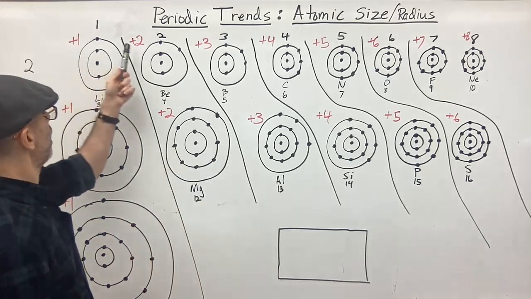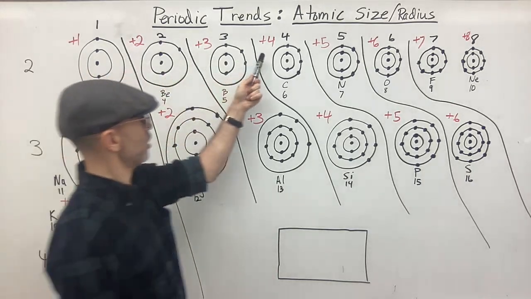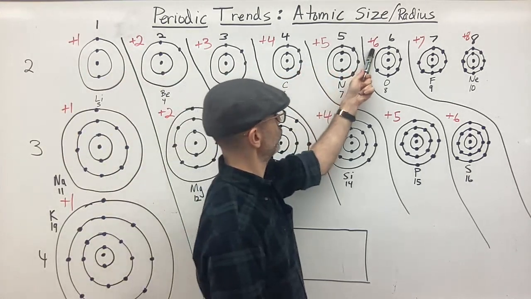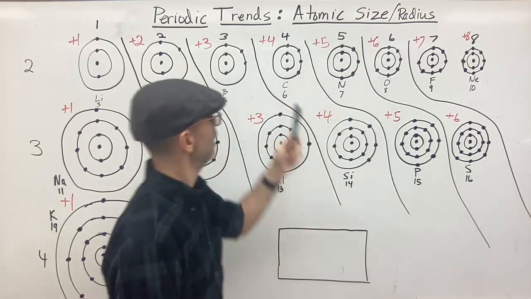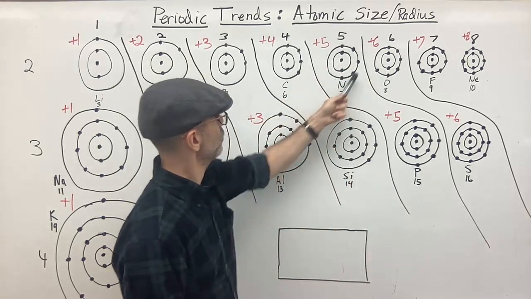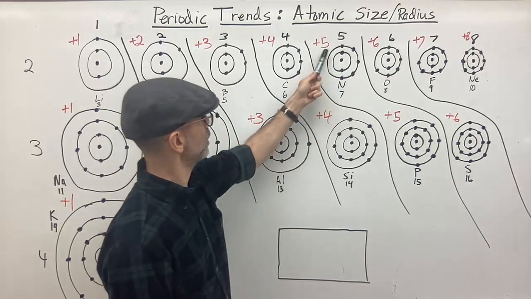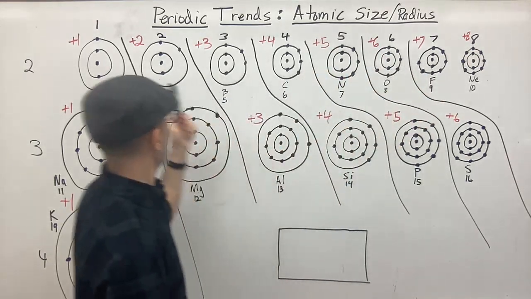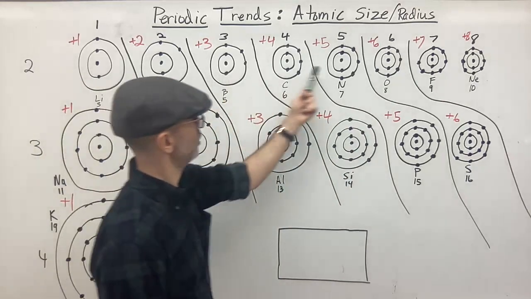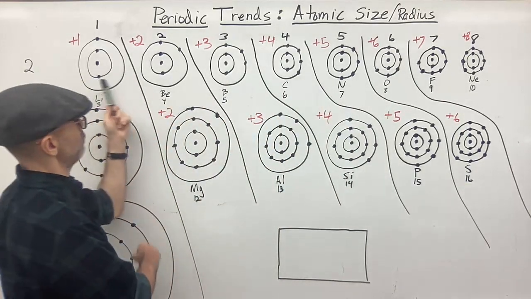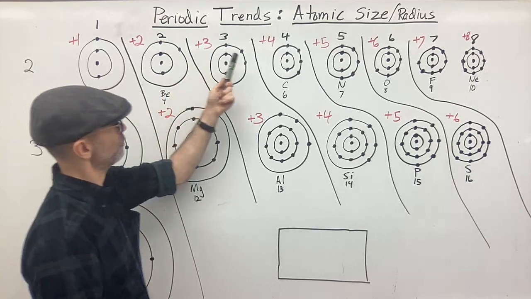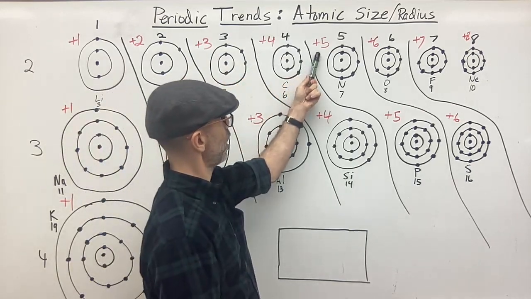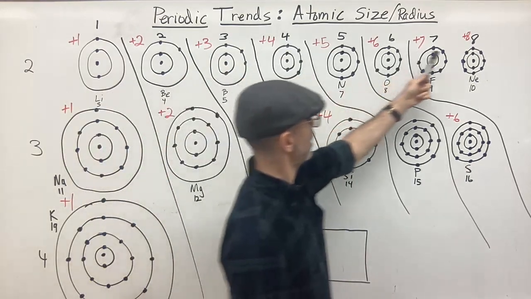The red numbers here represent the effective nuclear charge felt by the electrons. The outer electrons are feeling a greater effective nuclear charge as you go across this way. So going from left to right, the electrons are feeling a greater charge or force on them.